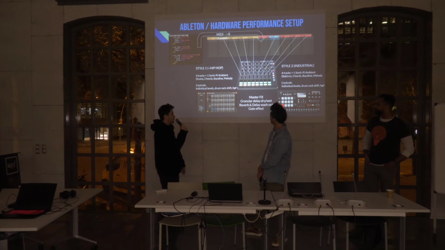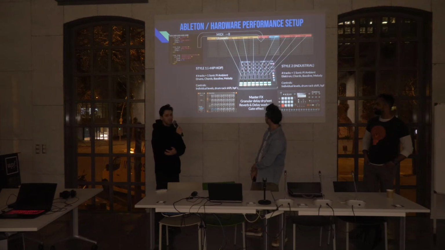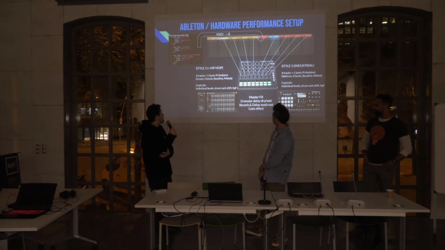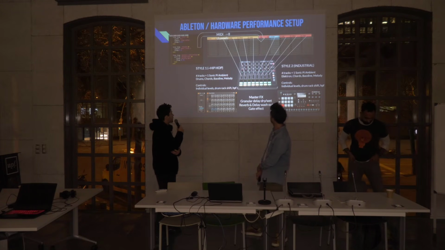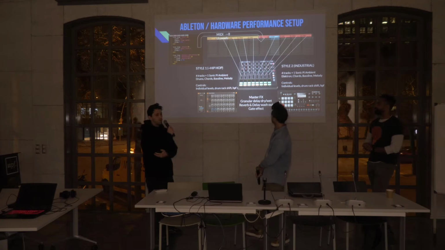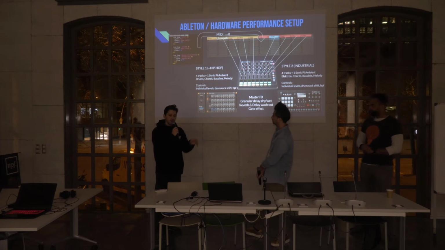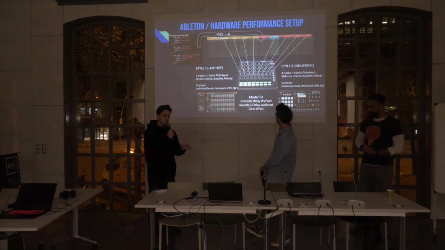These were all mapped to my controller to be able to tame some of these sounds because it's somewhat random. Style 1 was hip hop, and we had performance controls for individual levels, and for further flexibility, because of the randomness, we wanted to land on some unique grooves.